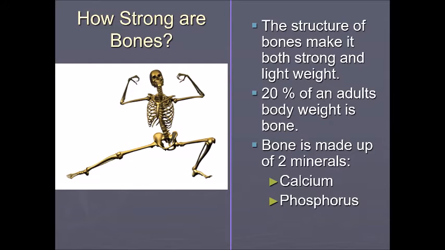Bones aren't necessarily very heavy. They only take up about 20% of our body weight. The reason why it's important for bones to be light is because it's also going to make our body a little bit easier to move around. If bones were extremely heavy, then it would probably be a lot harder to move our limbs. So the bone is very strong and it's also very lightweight at the same time.